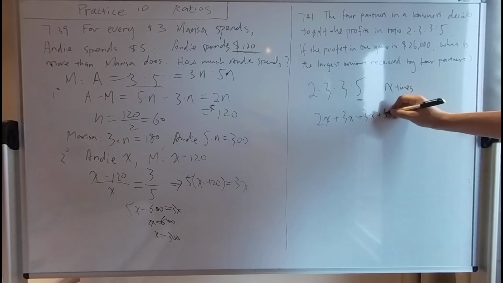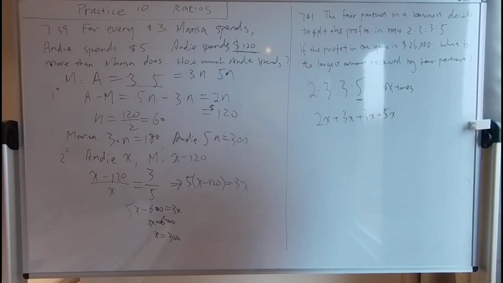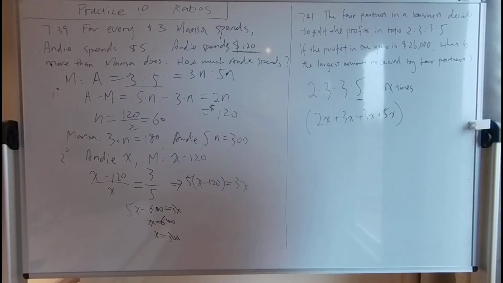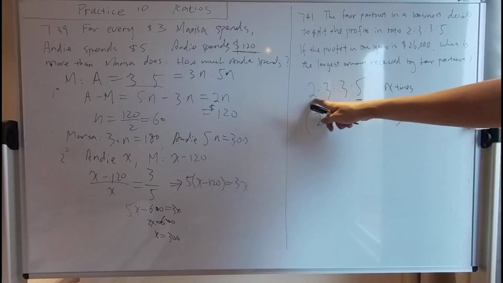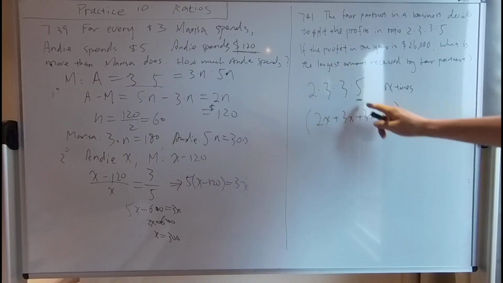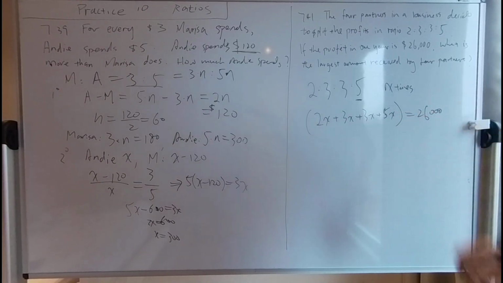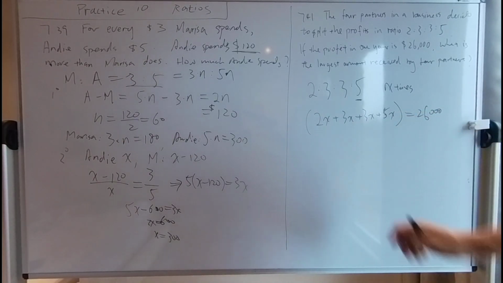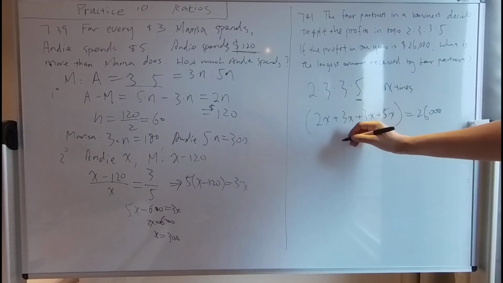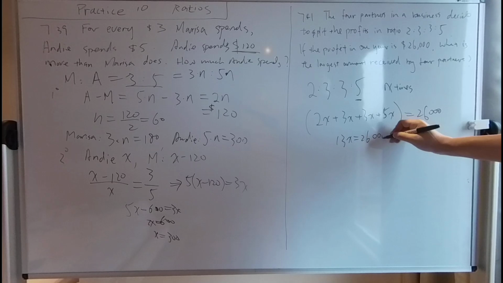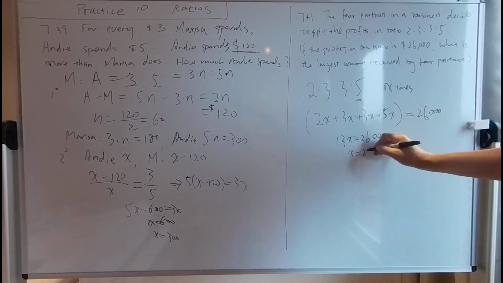Even though I don't know the value of x yet, I can express the total profit as 2 shares plus 3 plus 3 plus 5 shares. The total should equal 26,000. So 13x equals 26,000, and x is 2,000.